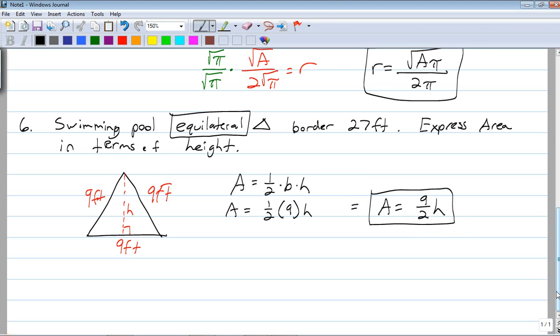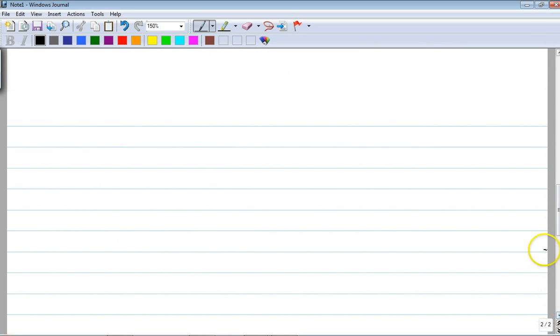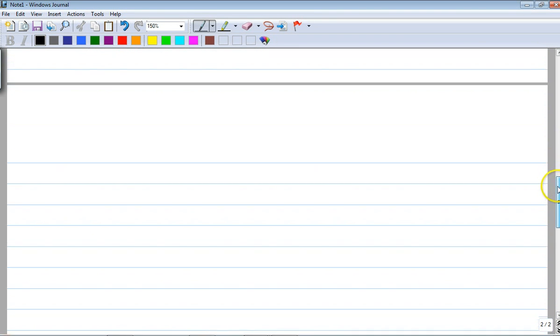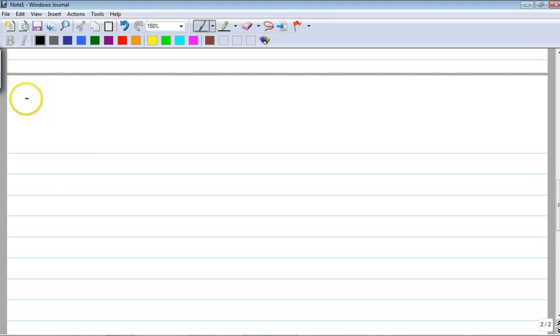Okay, now we have one more problem. This one's a trickier one. I'm going to skip a page here because I want more room. Again, you could always pause and go back, look at the problems.